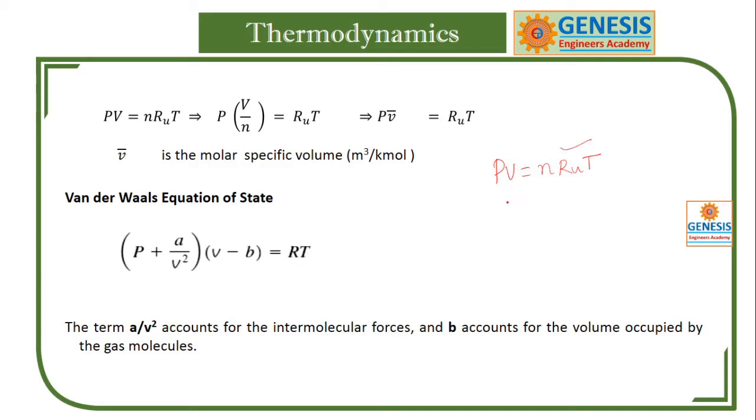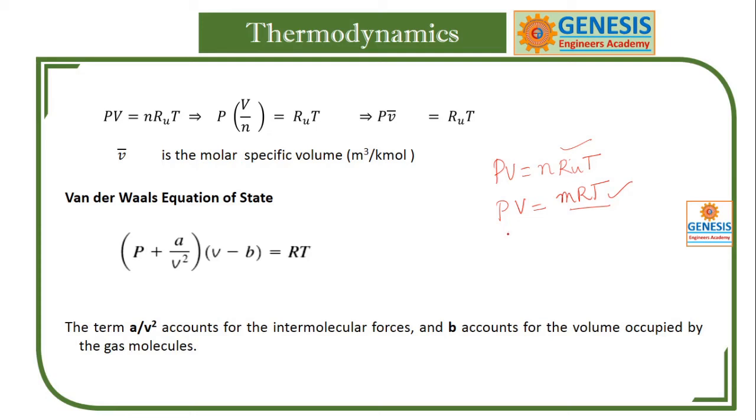This is the first formula. From this, by replacing n by m by M, you get PV is equal to mRT. The students usually make mistakes about using these two, whether it is the general gas constant or the universal gas constant. This is a very popular formula.